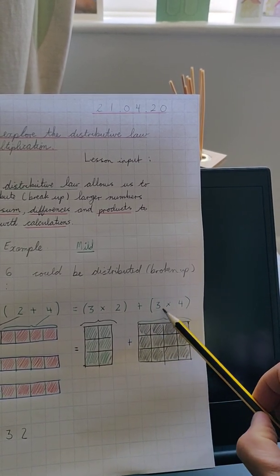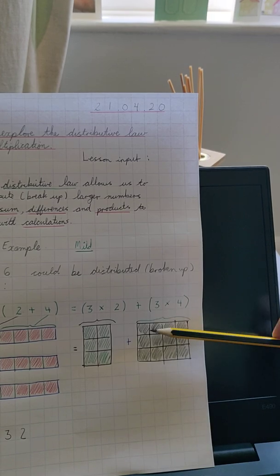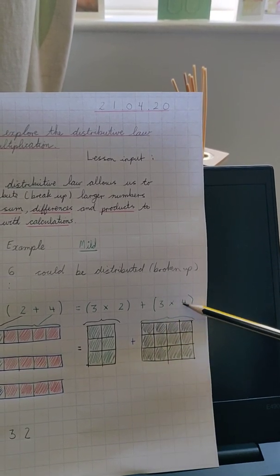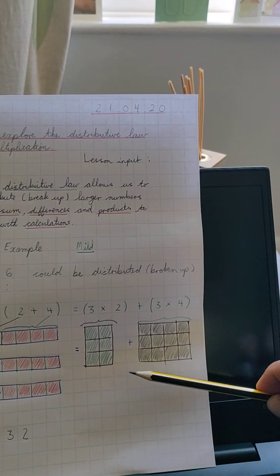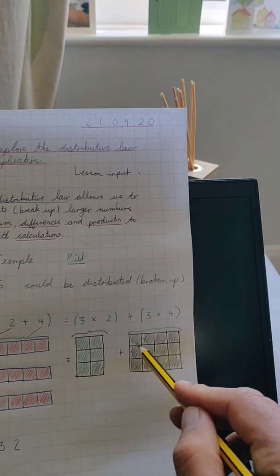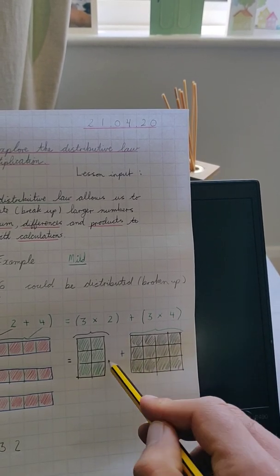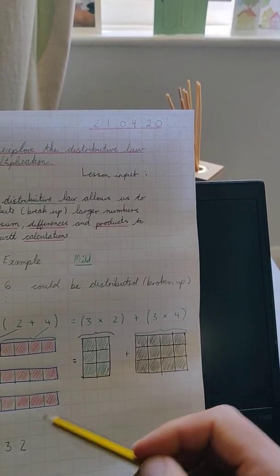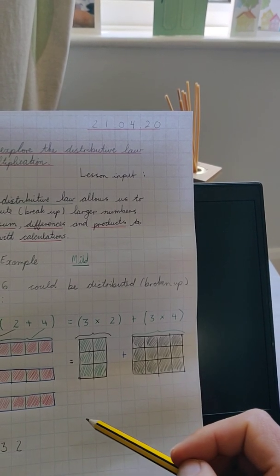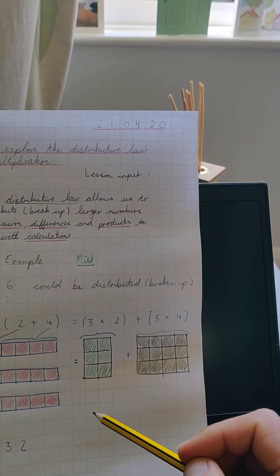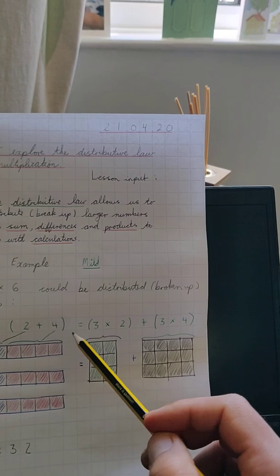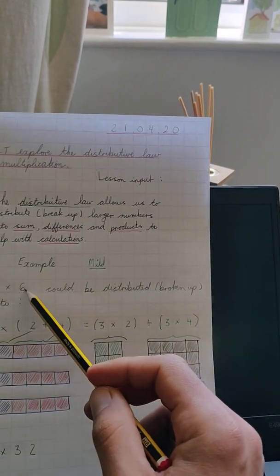So that means that 3 times 4, or we have 1, 2, 3, 4, and I have 1, 2, 3 lots of 4, which is 12. So now I have my 6 here and my 12 here, and I'm going to add those two together, and I am going to get my sum of 18. Now that may seem quite complicated, but basically what we're doing is we're breaking up this factor.